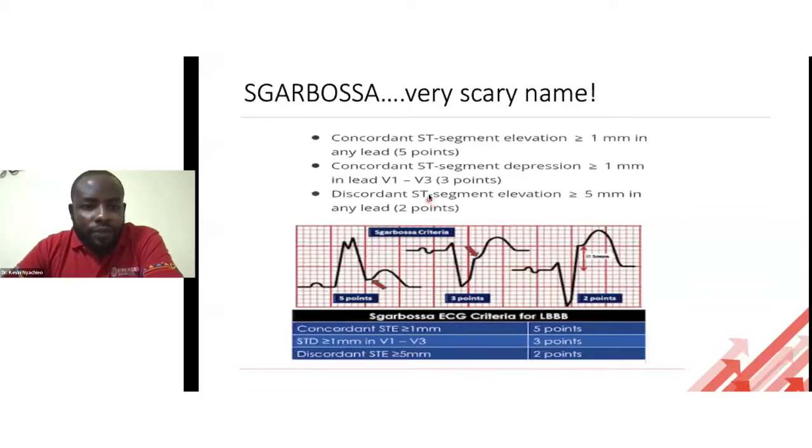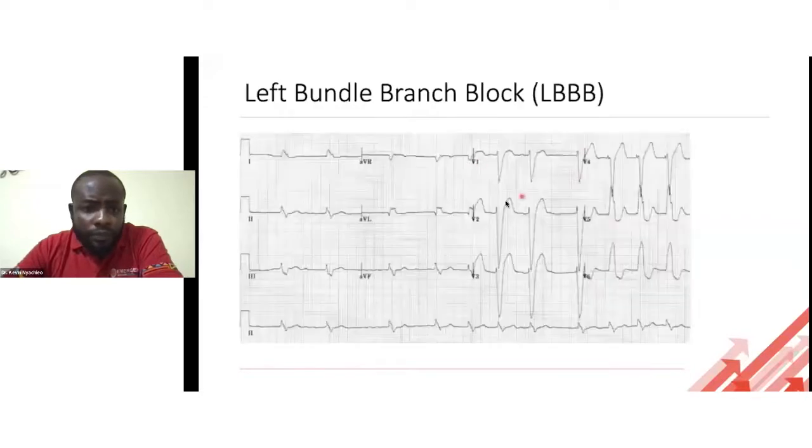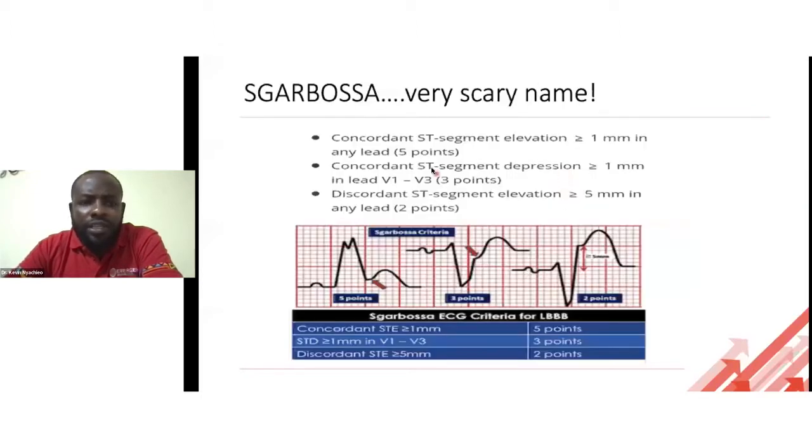If at first glance you look at this LBBB and you're seeing the concomitancy, whether the concomitant elevation or concomitant depression is more than 1 millimeter, if you're already seeing that, that is an MI. Or if you notice the discordance is more than 5 millimeters. Usually the concomitance is what we tend to see a lot. More than 1 millimeter, that is 5, that's an MI.